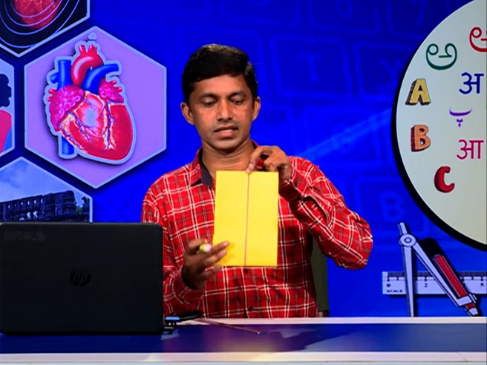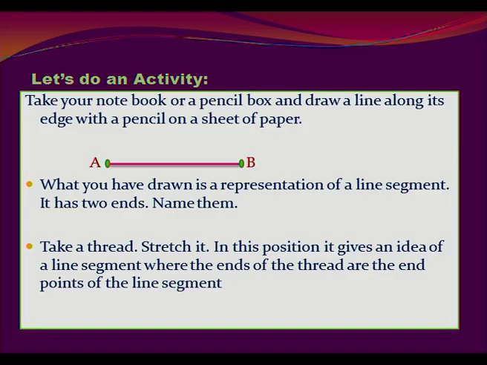If I fold here, I get a line. It is one edge, it is another edge. It is an end point, it is another end point. So, what is a line segment? Take your notebook or a pencil box and draw a line along its edge with a pencil or a pen on the sheet of paper.